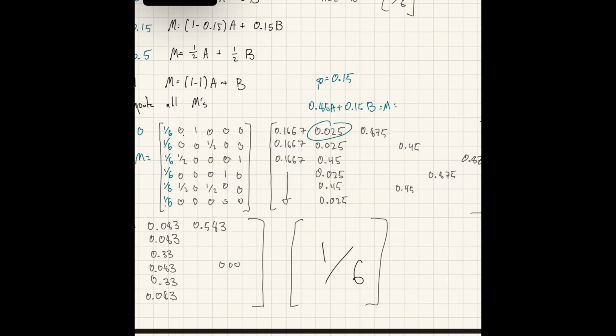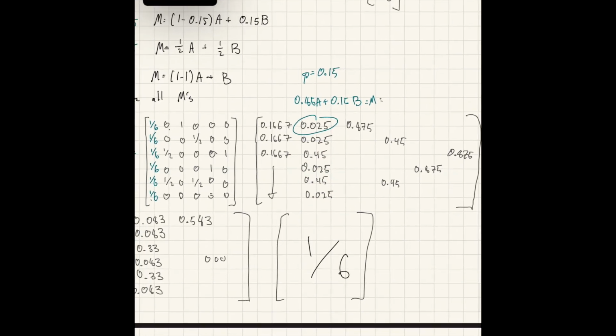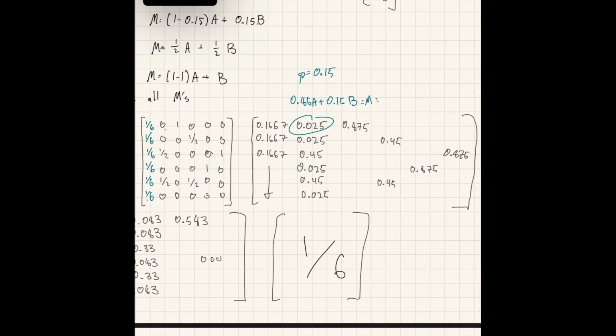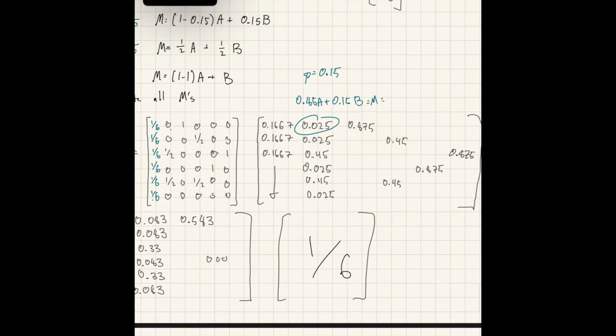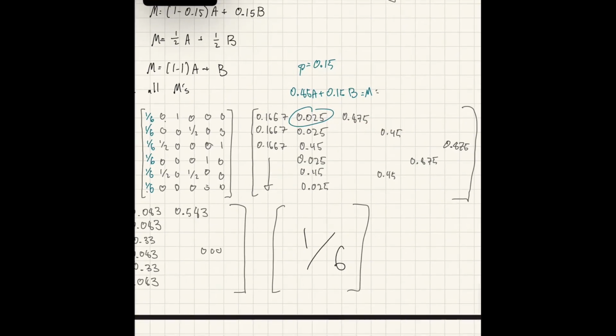Then we go from 1 half to 0.45, where this is still stochastic. The sum of this equals 1. For the next row, I decided to only compute the values that were non-0.025, so that's what the blank space is here. We get 0.875 for the values that were 1, and 0.45 for the values that were 1 half.